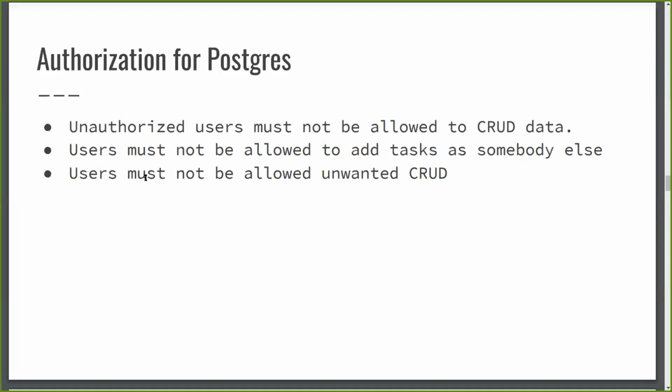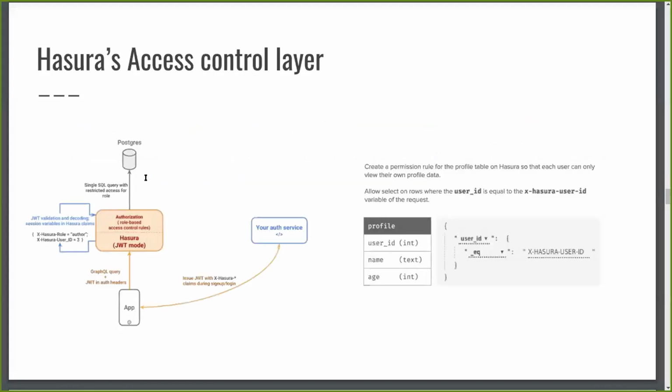And finally, users must not be allowed to do unwanted CRUD. That is, they shouldn't change fields in certain tables that you don't want them to change. Like, for example, the created at of a task, that is a permanent thing that should not be allowed to change. So we should restrict CRUD, we should restrict forging of identities, and overall common authorization of the database.